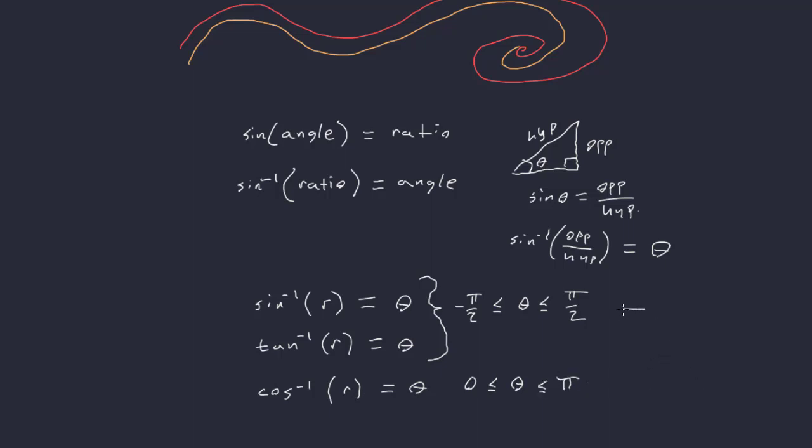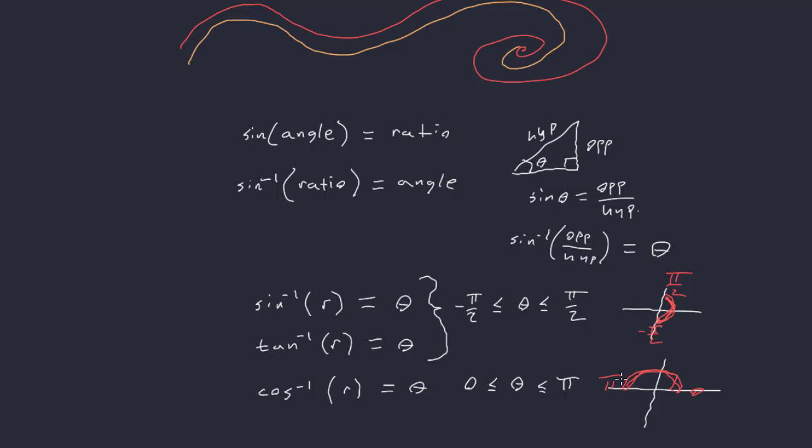In other words, inverse sine and inverse tangent only give us angles from negative pi over 2 to pi over 2, while cosine inverse only gives us these top half angles from 0 to pi. We give it a ratio, it gives us an angle, but it is definitely restricted.